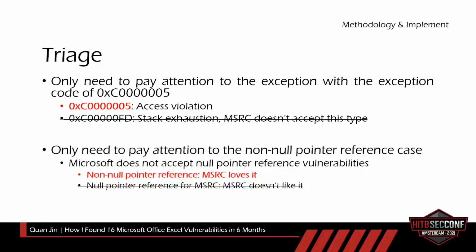During the fuzzing process, hundreds of crash files will be collected. How to effectively classify them is a science. Based on existing experience, I mainly pay attention to the following conditions. Number one, access violation. The exception code is 0xC0000005.